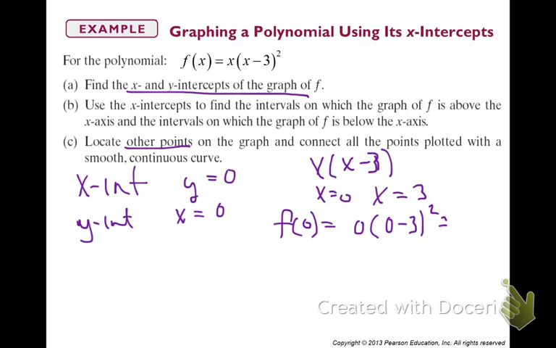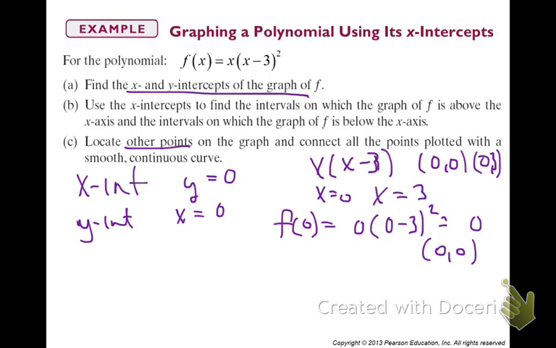If you have a negative 3 and square it, you get a 9. But when you multiply that by 0, what do we get? 0. So we have for our y-intercept 0, 0. And for our x-intercepts, we have 0, 0. Oh, double duty on that one, right? And then 3, 0.